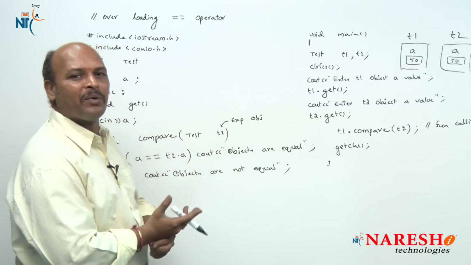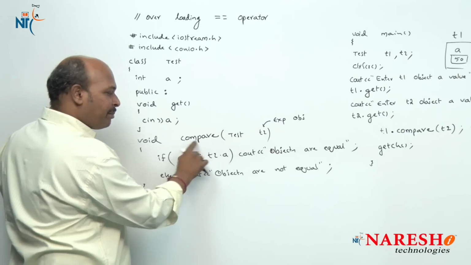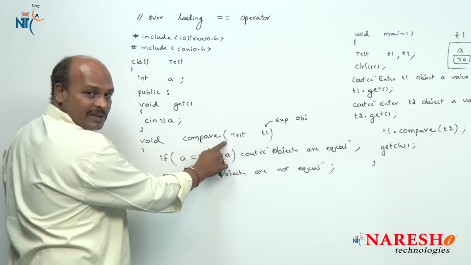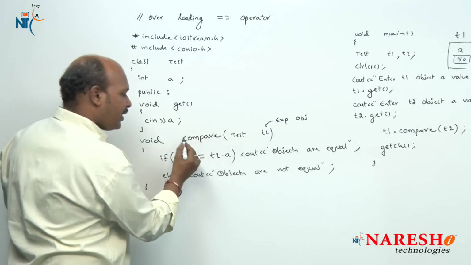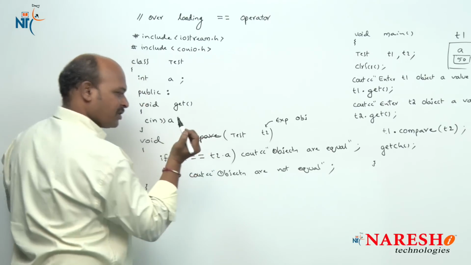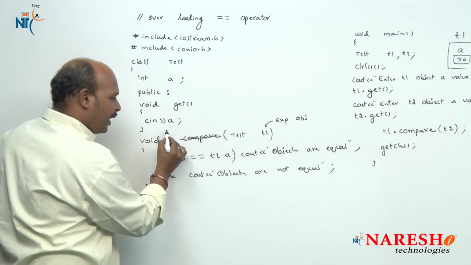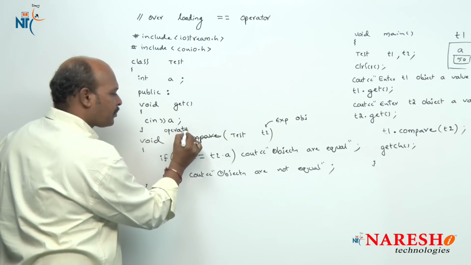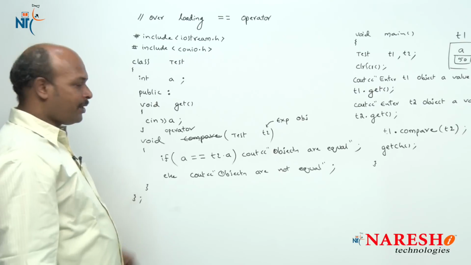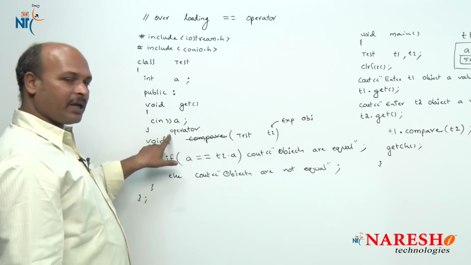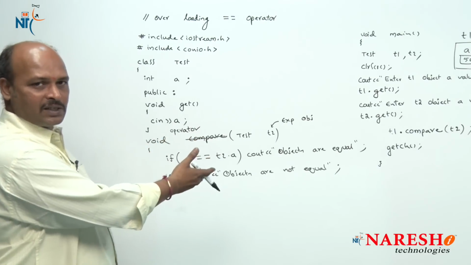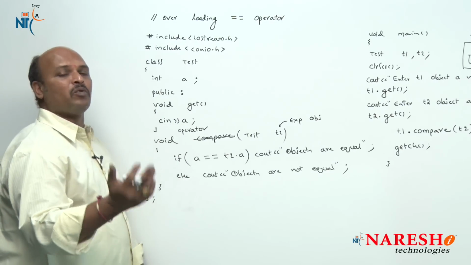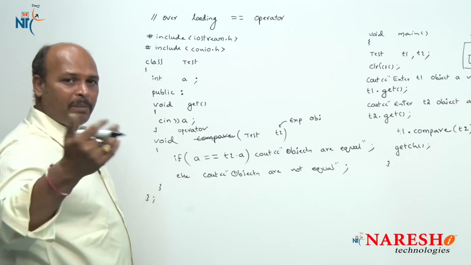Now I want to work with user defined objects, so the logic is simple. In place of the compare function, I am going to strike this out and use the operator symbol. Here it is operator, void, the same thing. Already I have given the syntax: in place of the function name, we use the operator symbol.